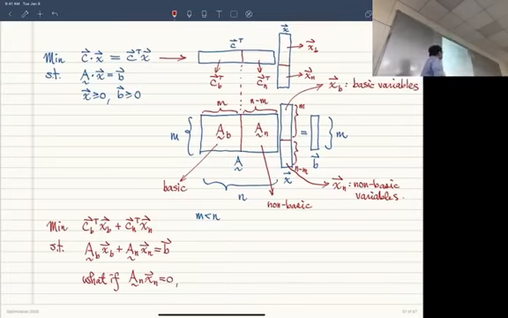Can you tell me what would be the possible situation that this term becomes 0? Say again. No, that's not the answer. But what would be the possible way? This could be 0. Yeah, you're right.